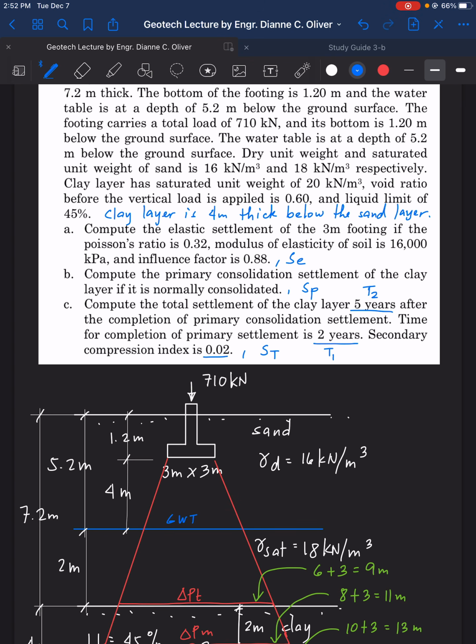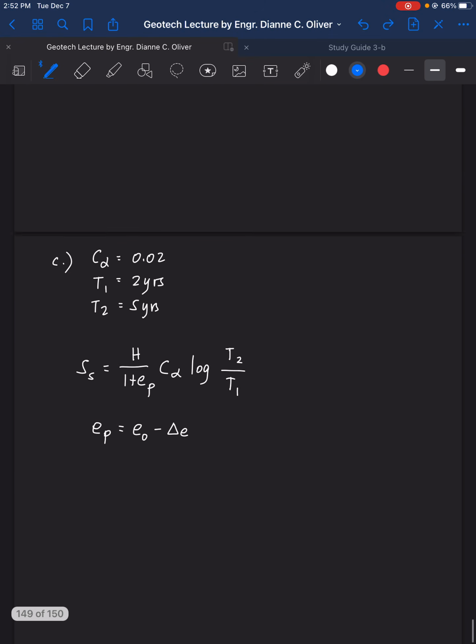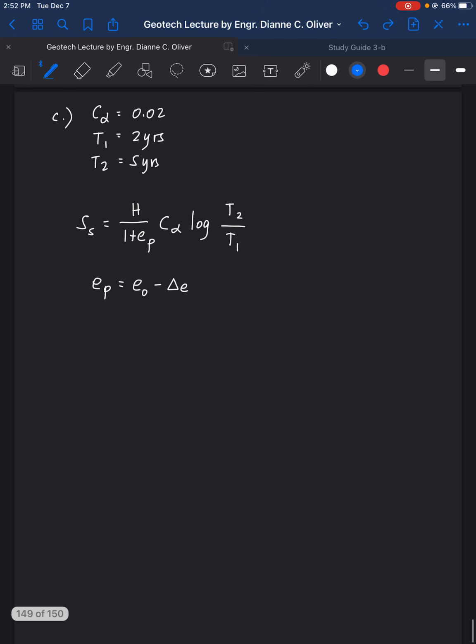So void ratio before the vertical load is applied, 0.6. Okay, so our e sub o is 0.60. What's our delta e? We know e sub o, but how about delta e?